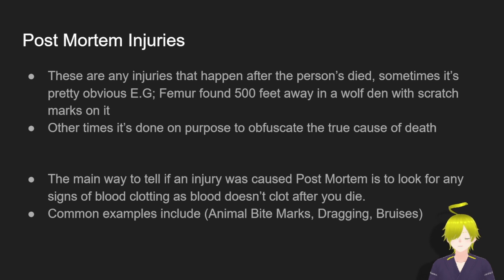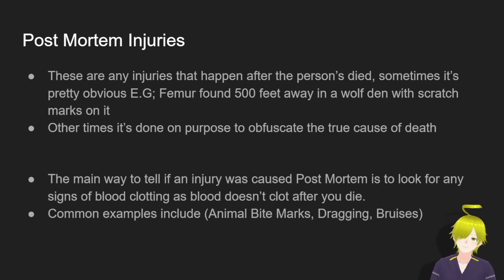For instance, you find a femur 500 feet down a wolf den that smells of piss and has scratch marks on it. Then yeah, you can probably guess what happened. It's probably safe to assume that happened after the person died.